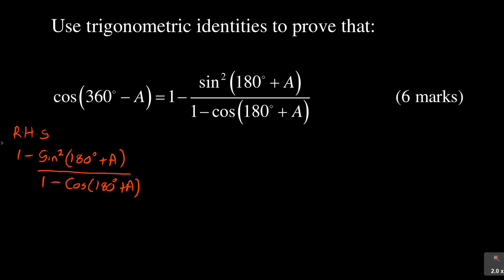We are starting with the right hand side, and from it we want to prove that it becomes our left hand side. So what are we given? I'm going to do my working on the right hand side of the page.